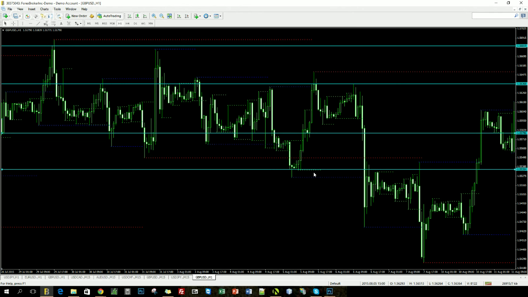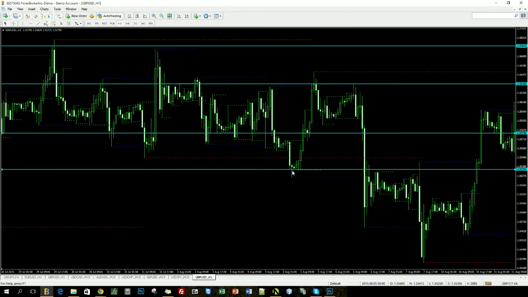Many traders, even when they use moving averages to detect an entry or an exit for a Forex trade, look at basically a support or resistance level.